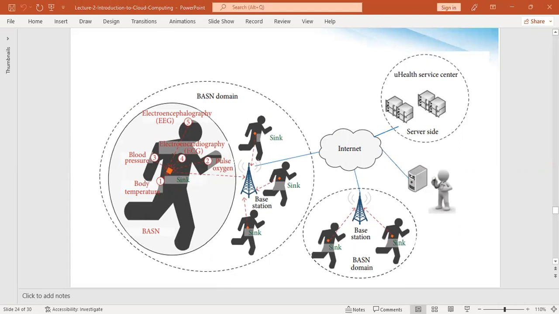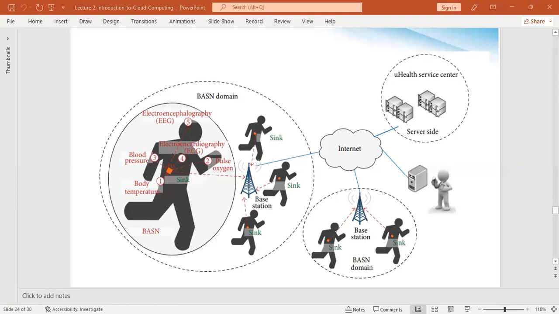Actually, wireless medical sensors are becoming very popular, and cloud computing technology is growing. So we have a condition for the deployment of a body area sensor network.